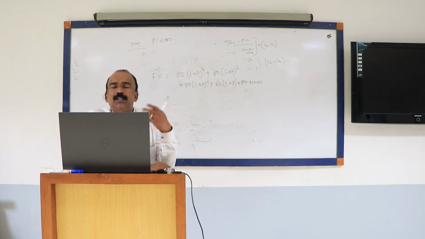Fifth year interest, he cannot reinvest because the bond got matured. 80 rupees he is keeping, and the maturity value he is receiving back after 5 years.